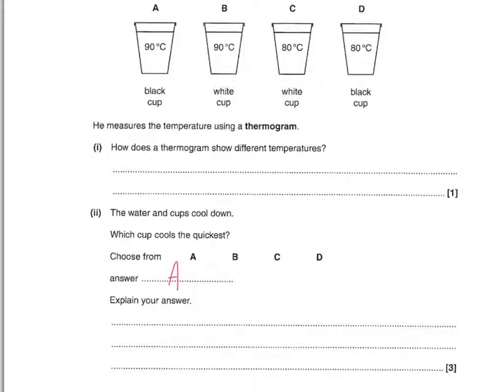And then you've got to talk about the colour, and say that the black cup will emit more heat than white. And the word emit is needed for that third mark. So you won't get that third mark unless you've used that word emit.